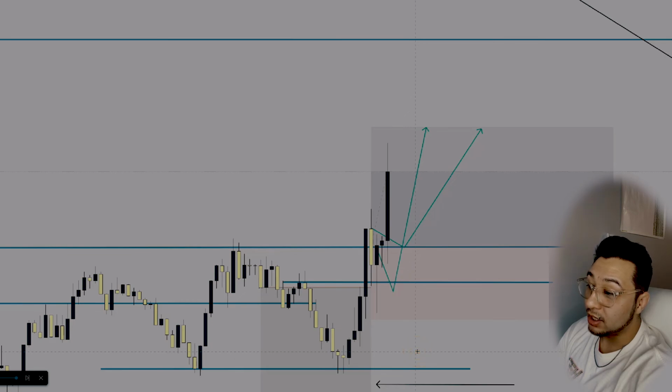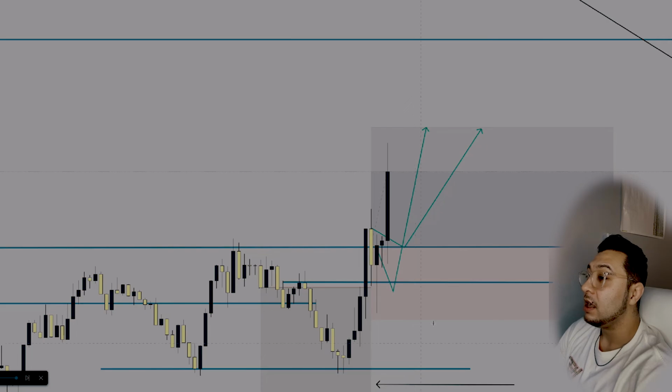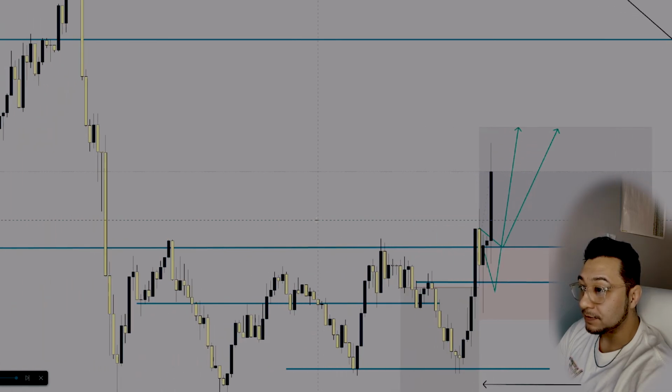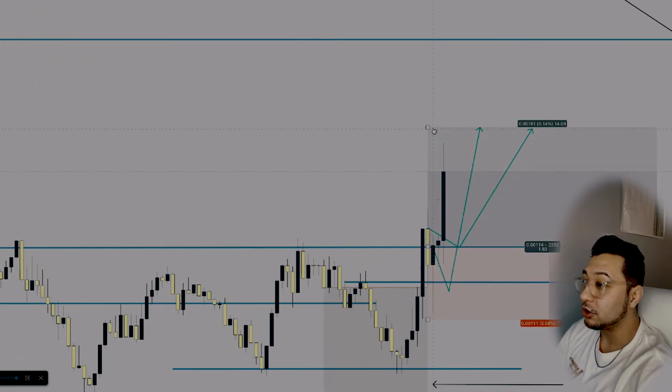But during live market conditions, depending where the spread is and your broker and everything, you may have potentially been stopped out. It really depends if you had tight spreads and whatnot at that point in time. But as you can see, based off the analysis that I just said, we did push bullish. And essentially, this would be a winning trade.